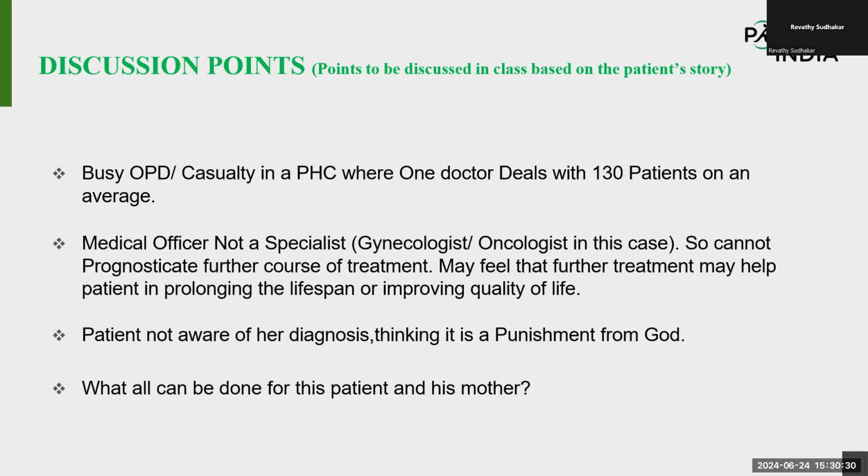I don't think it was explored, or even if it was explored, it was not mentioned. So I think we have to assess the need for information, and then provide the information accordingly, along with significant importance to the patient's emotional state of mind as well, because already there is a factor of guilt and regret in the patient where she thinks of this as a punishment. I think just providing the information alone would not be sufficient, in addition to paying equal importance to the psychosocial state as well.